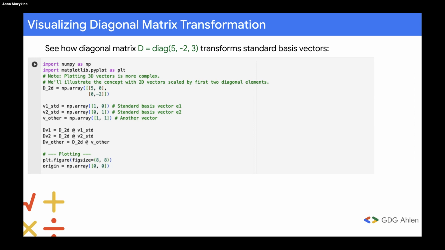We define this 2D diagonal matrix as D_2D. We take the standard basis vectors v1_std equals 1, 0, and v2_std equals 0, 1, which we expect to be eigenvectors, and another vector v_other, which equals 1, 1.